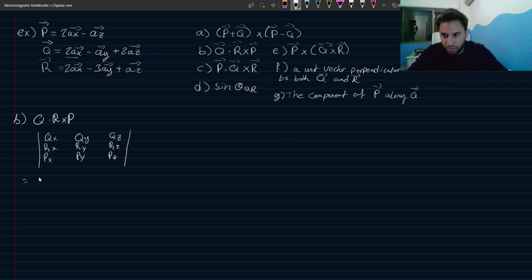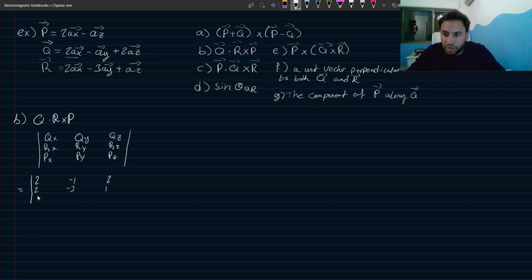So let's do it a little bit lower in here and have a 3. So Q, we have 2ax minus 1, that's minus 1, and 2. Then we have the R, which is 2, minus 3, and 1.